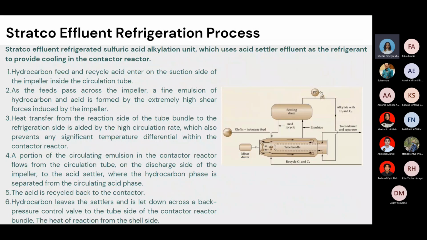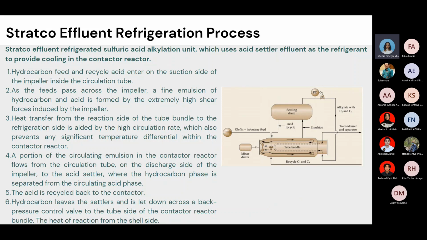A typical Stratco effluent refrigerated sulfuric acid alkylation uses acid settler effluent as the refrigerant to provide cooling in the Contactor reactor. The Stratco Contactor reactor is a horizontal pressure vessel containing an inner circulation tube, a tube bundle to remove the heat of reaction, and a mixing impeller.